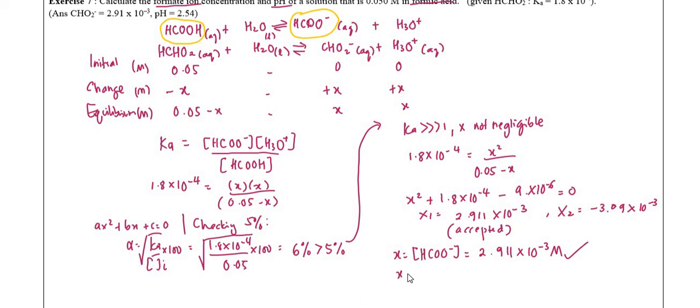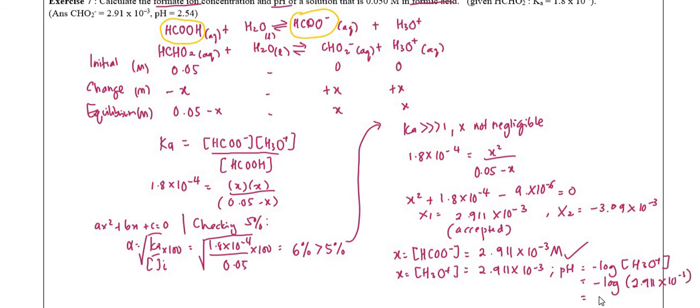X equals concentration of H3O plus, 2.911 exponent negative 3. pH equals negative log concentration of H3O plus. Normally you must write the formula all the time.